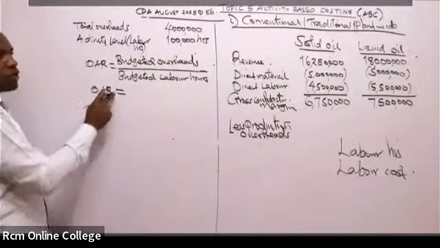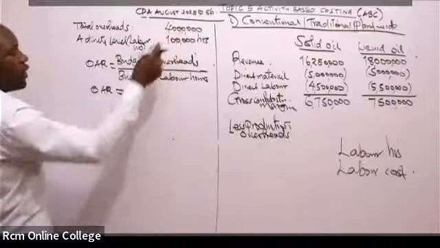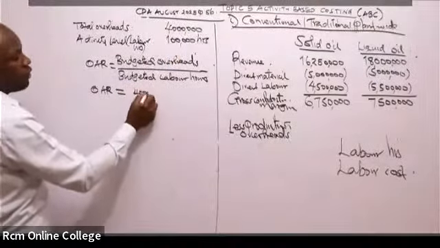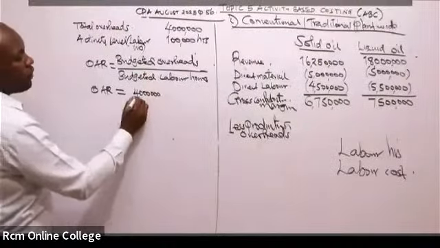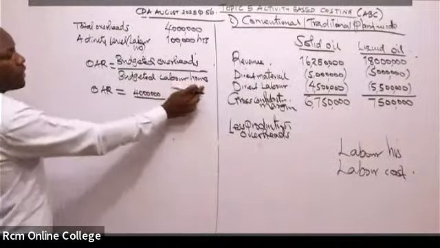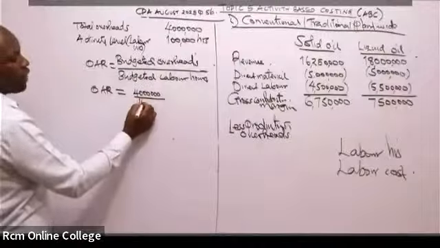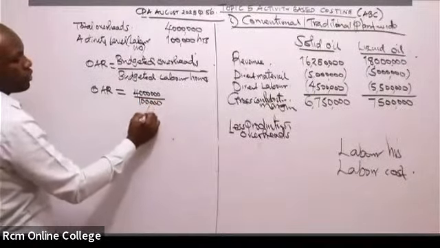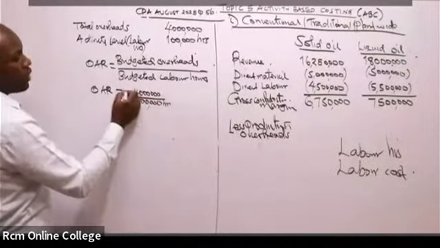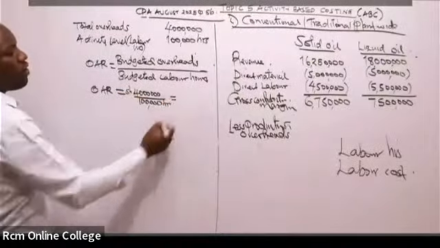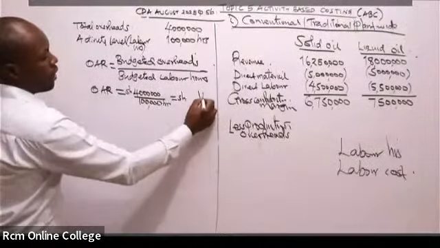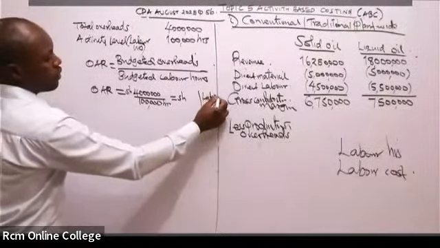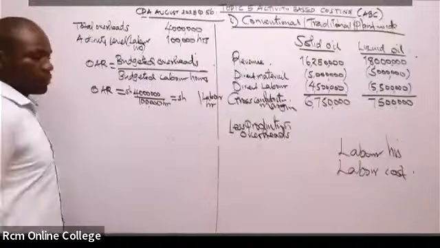Can we now get our overhead absorption rate? Overhead absorption rate is equal to budgeted overheads, the 4 million, divided by budgeted activity level, which is labor hours, 100,000 hours. And this one is in shillings. What is our overhead absorption rate? It is shillings per labor hour.